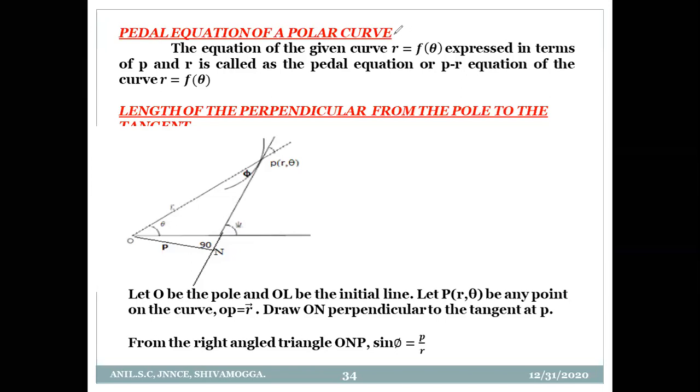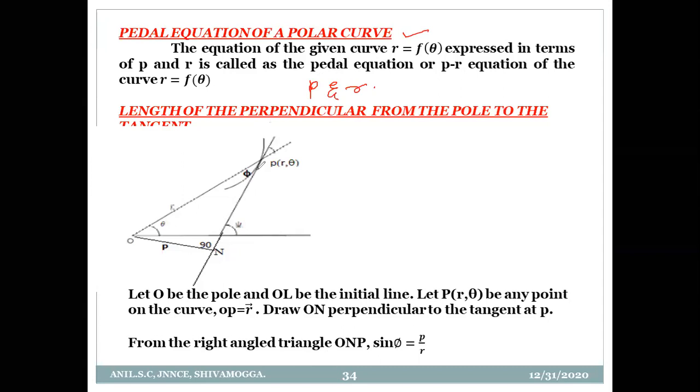Padal equation of a polar curve. Padal equation means it is an equation corresponding to a polar curve expressed in terms of P and R. P is the shortest distance between the tangent to the polar curve from the pole.